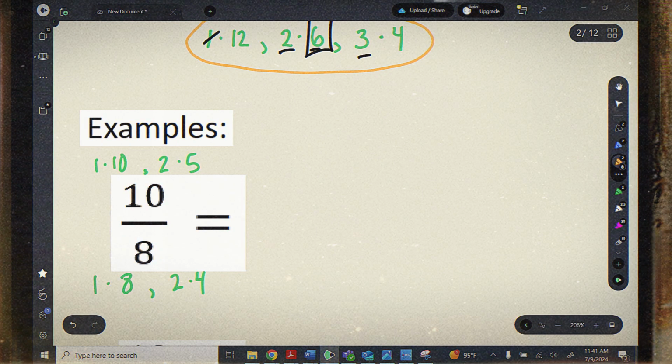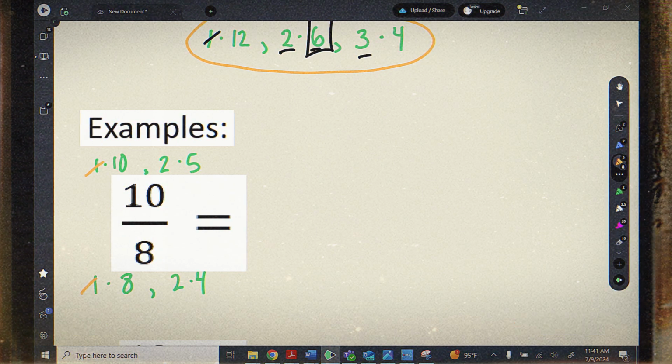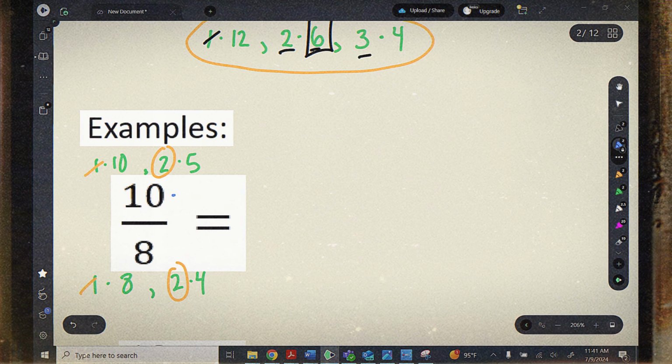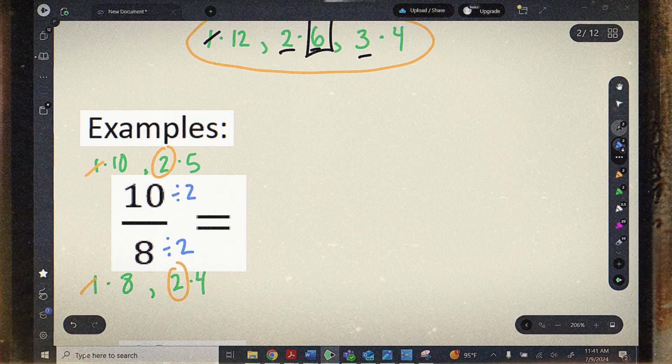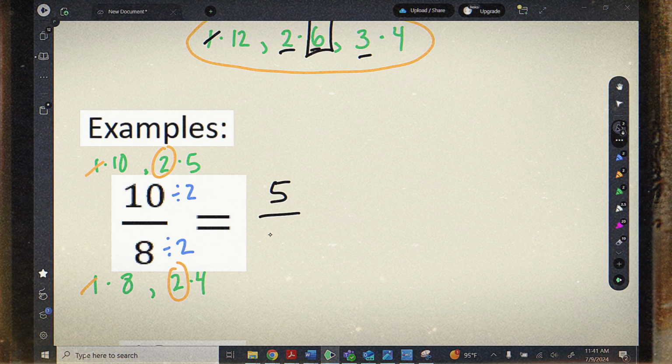Okay, and we never use 1 to simplify. Do you see any common factors? There's only one. It's a 2. So we're going to use a 2. So let's divide the top by 2, divide the bottom by 2. 10 divided by 2 is a 5. 8 divided by 2 is a 4. Okay, this is our answer.